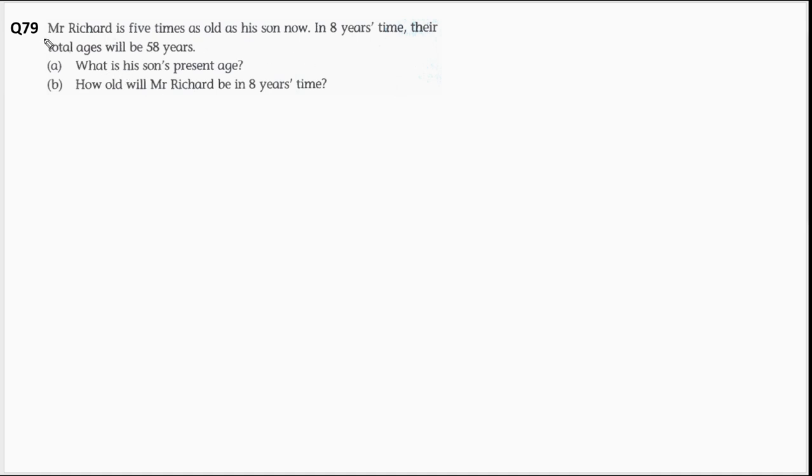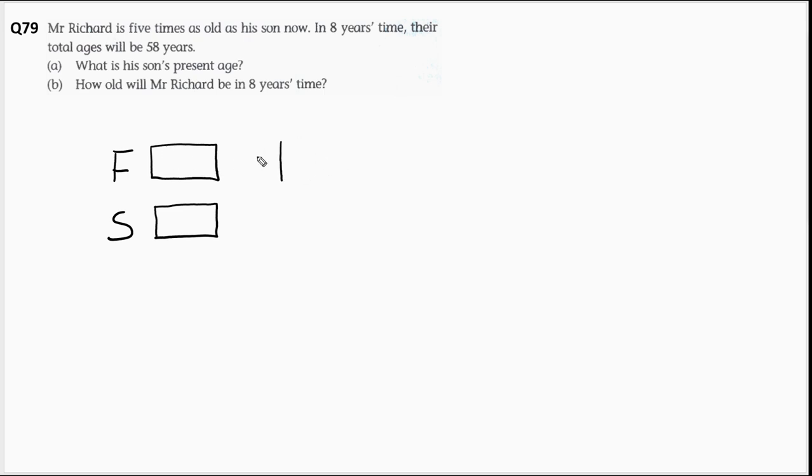Okay, so let's draw 2 bars. I'm going to label one as father and I'm going to label one as son. And it says that Mr. Richard, the father, is 5 times as old as his son now. So if I draw a bar like this for the son, then I'm going to draw that's the same as the son, but the father is 5 times.